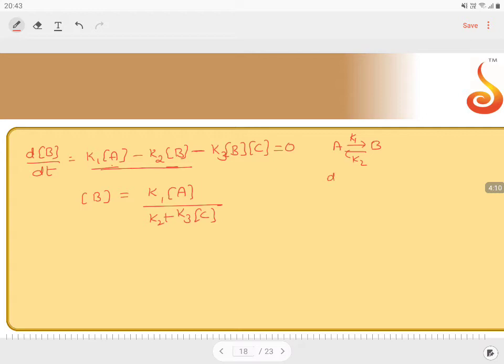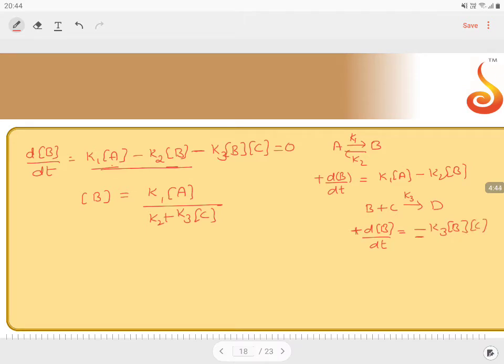Here dB by dt is K1 into A, because in the forward direction B is forming, but in the backward direction B is decomposing, so minus K2 into B. In the same way, for B plus C gives D with K3, in the forward direction B is decomposing, so it becomes minus K3 into B into C. Why have I written minus?